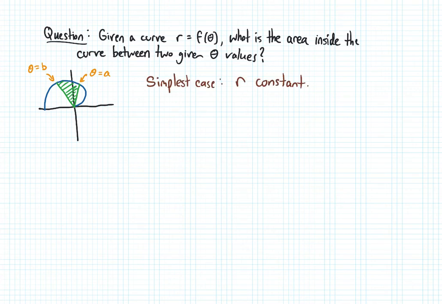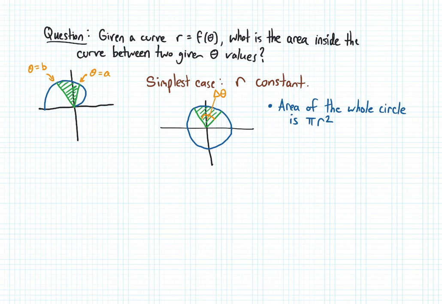Well, let's start with the simplest case, where r is constant. And of course, in that case, the curve is just a circle. And then instead of using theta equals a and theta equals b, it's going to be convenient for us to use delta theta to represent that internal angle for the area that we're calculating. Okay, so one thing we know about this is that the area of the whole circle is pi r squared.